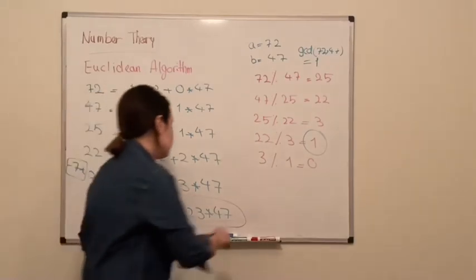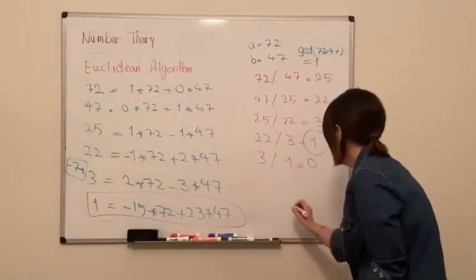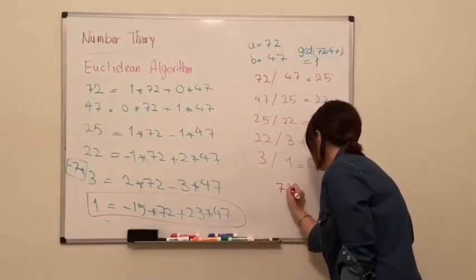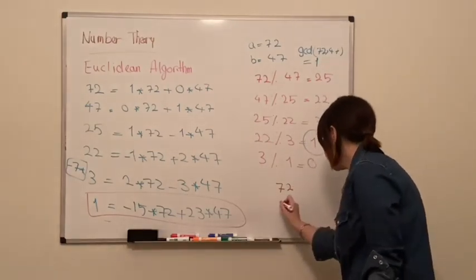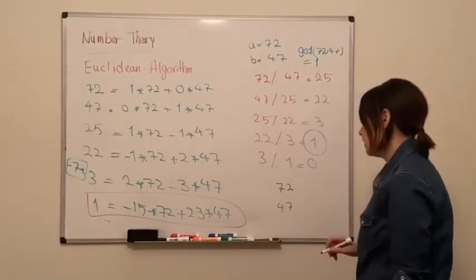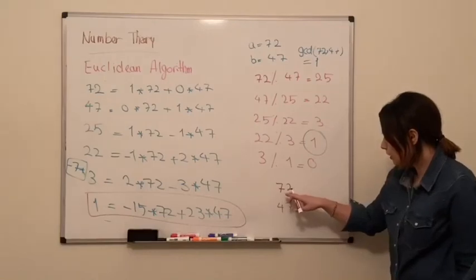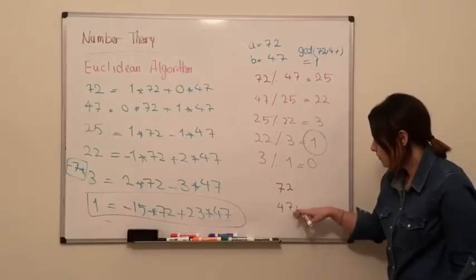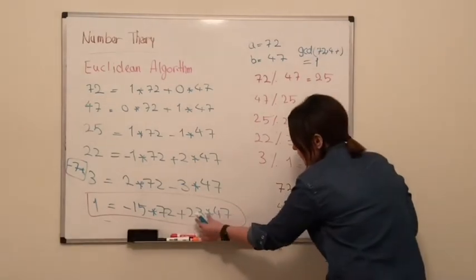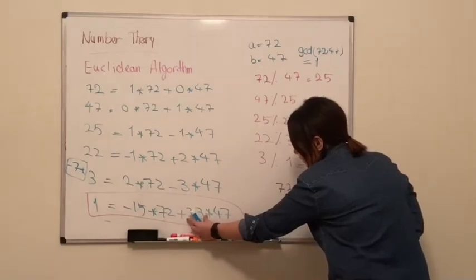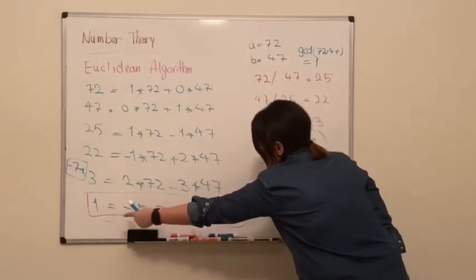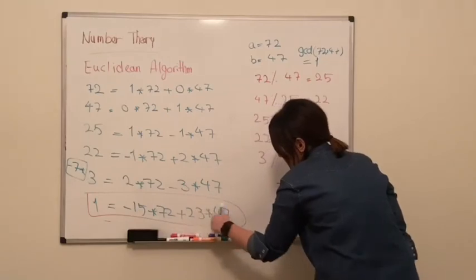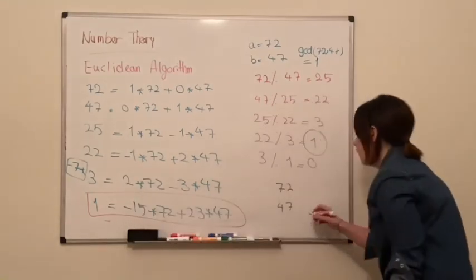What this gives me is that 72 has an inverse and 47 has an inverse. What is the inverse of 47? See, 47 times 23, when I divide this by 72, I get a remainder of 1.